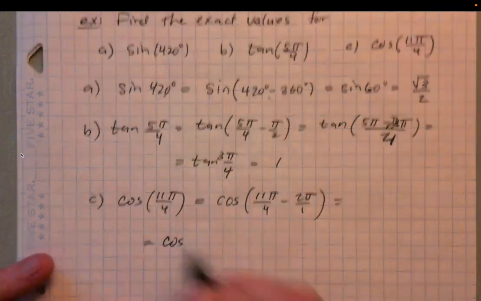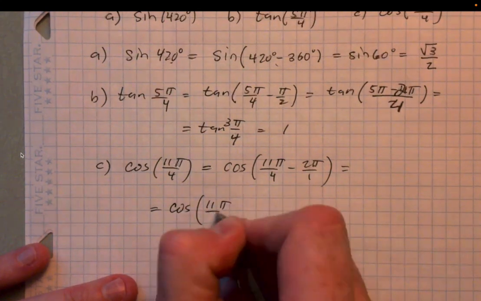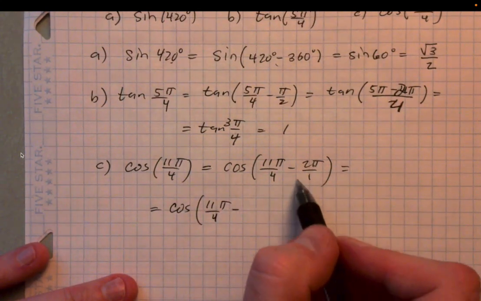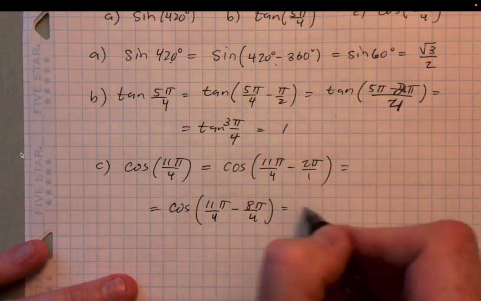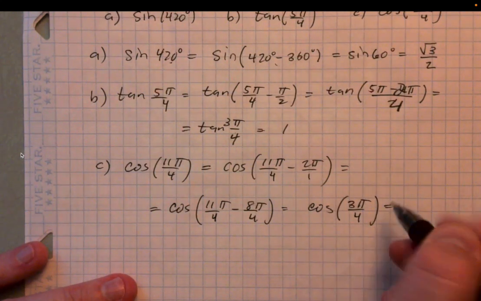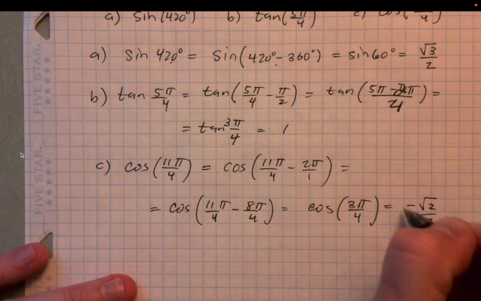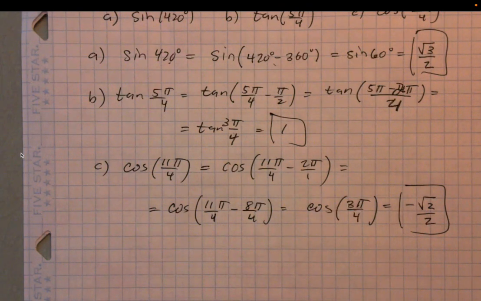And I get cosine of 11 pi over 4, and multiply top and bottom by 4, I get 8 pi over 4. And so this is cosine of 3 pi over 4, which is negative square root of 2 over 2. You can just look that one up. Okay. And so this is real helpful because I can just subtract off whatever the period is and get a simpler angle to look at.